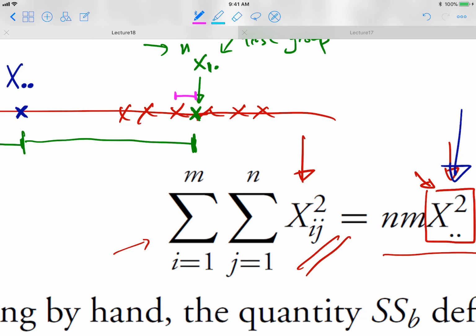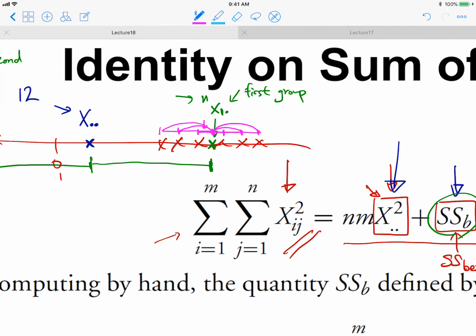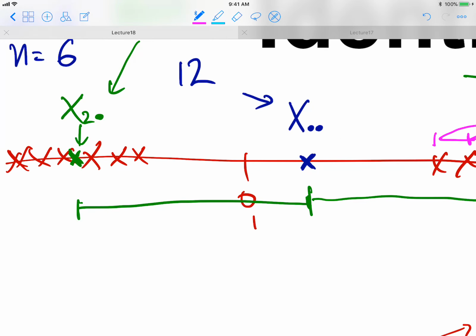The same sample mean for the first group, and then this difference and this difference and this difference, and so on, right? And then we do the same thing for the second group: this difference and this and this and so on. So we have this side, and this side.